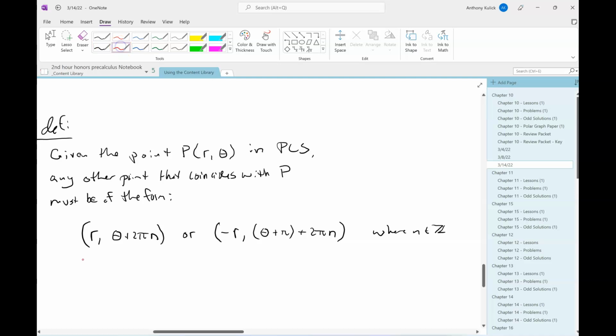And we could say the same thing in degrees as well, right? So this is just stating the same thing, but in degrees.